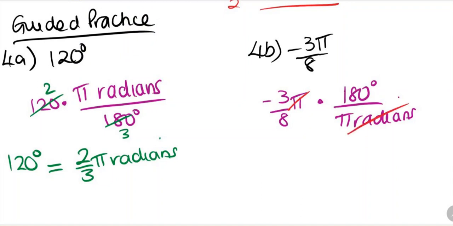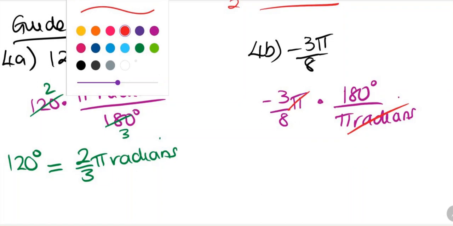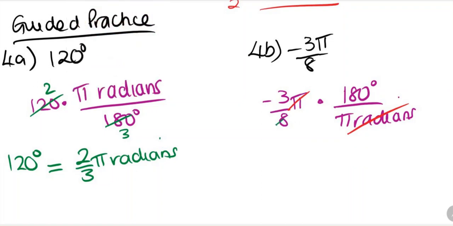Now we're looking to divide common factors of 8 and 180. 4 will divide into both: 4 goes into 8 twice, and 4 divides into 180 45 times.